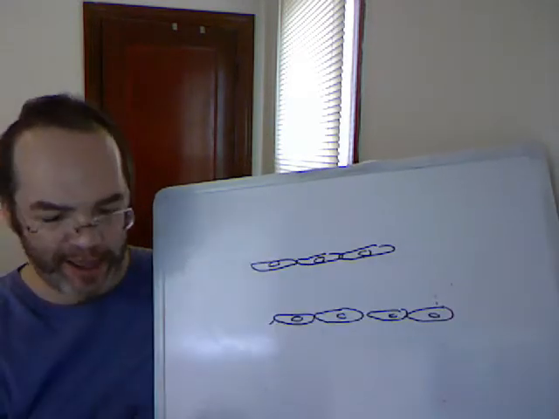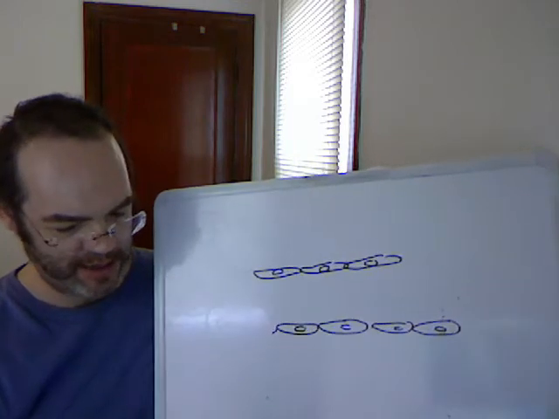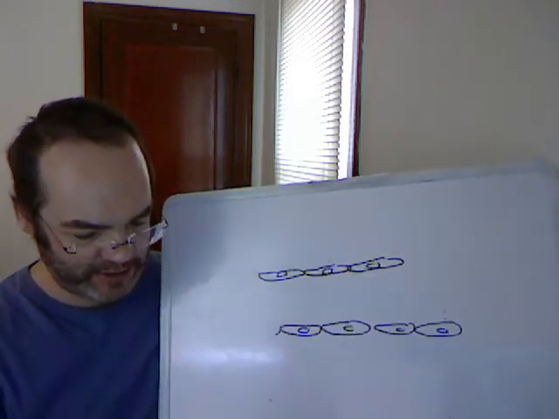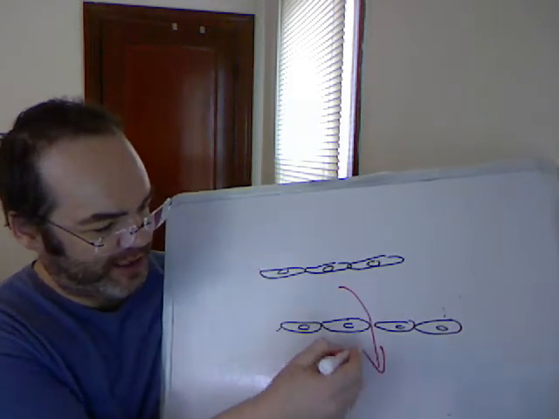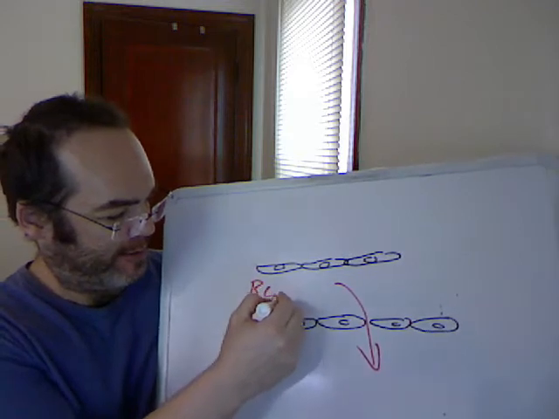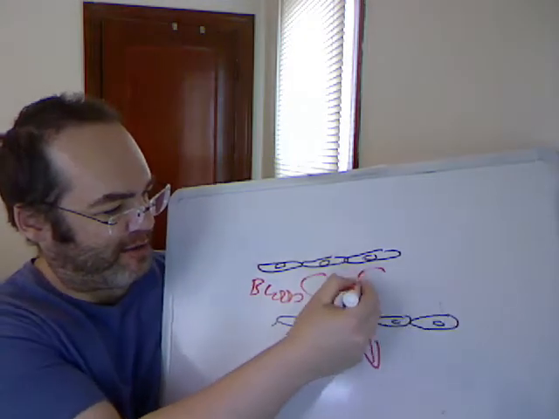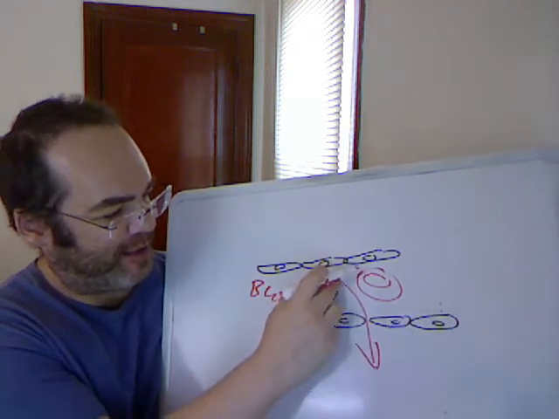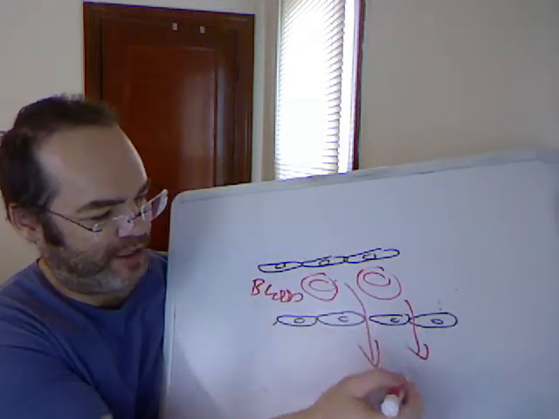These line our capillaries, and it's through the little gaps of these cells that fluid is lost out of the blood. And our red blood cells flow through our capillaries, while fluid is lost into the tissues.